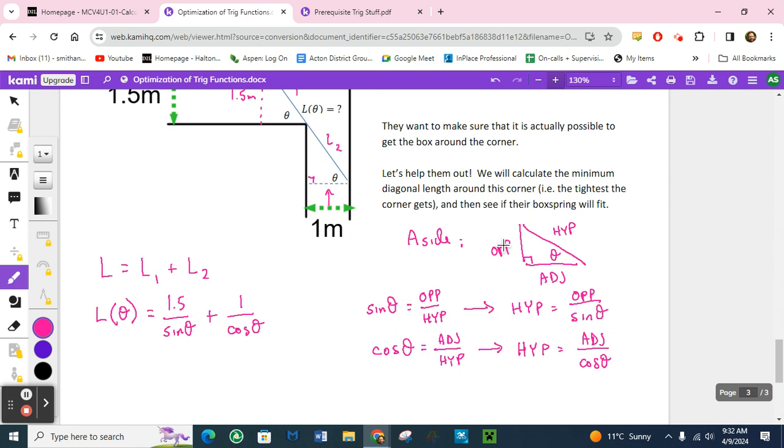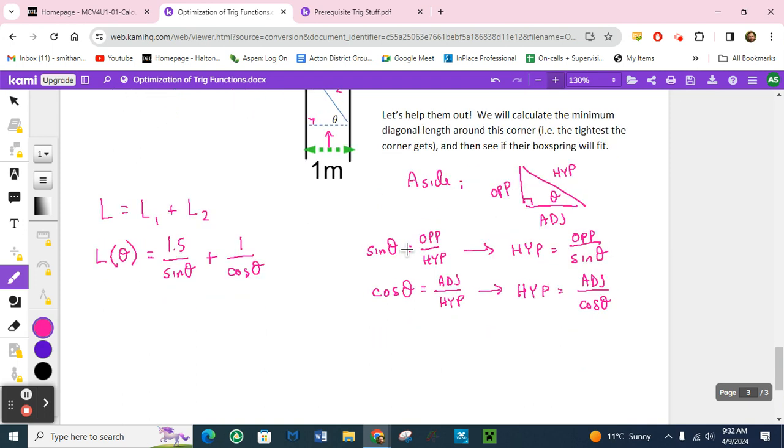1 over sine theta, you guys know that's equal to cosecant theta. And 1 over cosine theta is equal to the secant of theta. Did you guys not just find these derivatives on Friday?